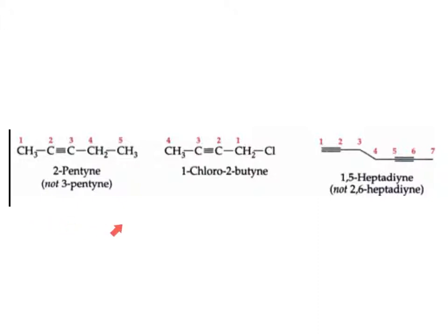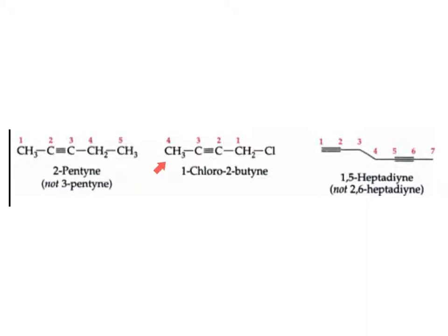Here we have some additional examples of some alkynes, and you'll notice that we have a 5-carbon compound. So we have a pentyne because of that multiple bond here, that triple bond, and you'll notice that we have that triple bond between carbon 2 and 3, so we have a 2-pentyne.